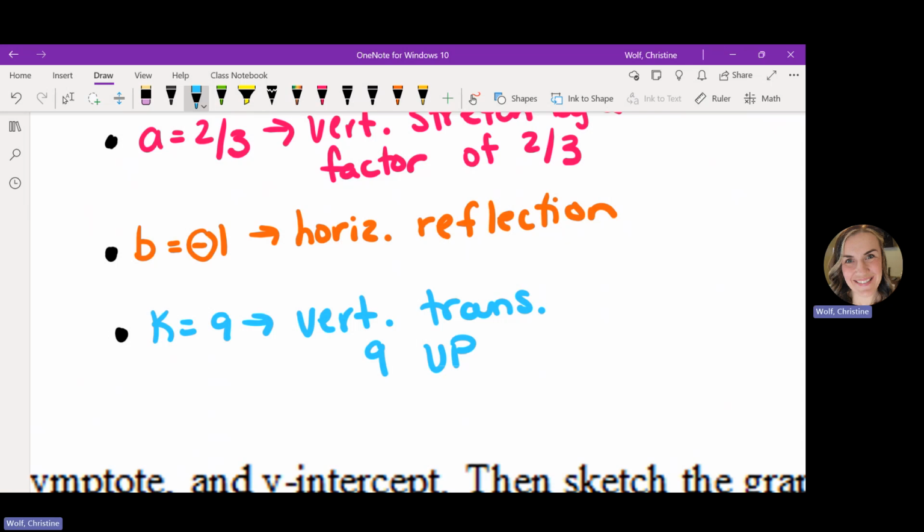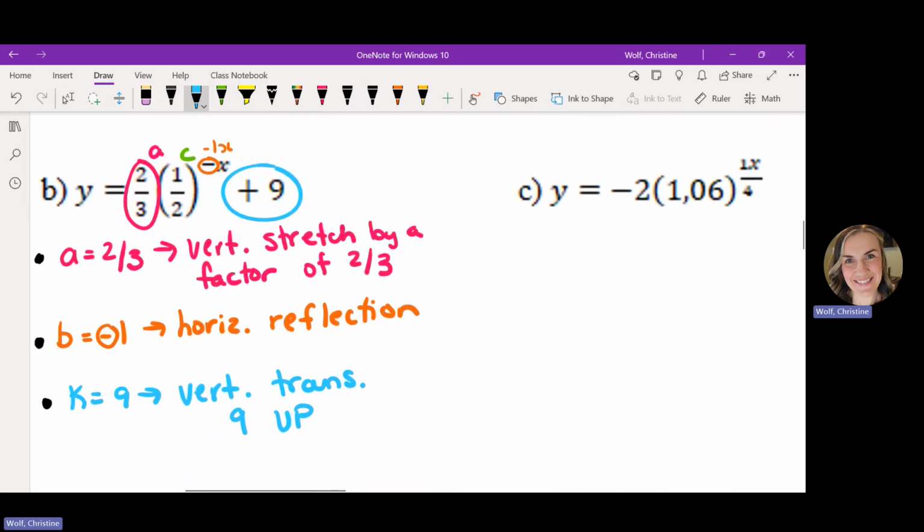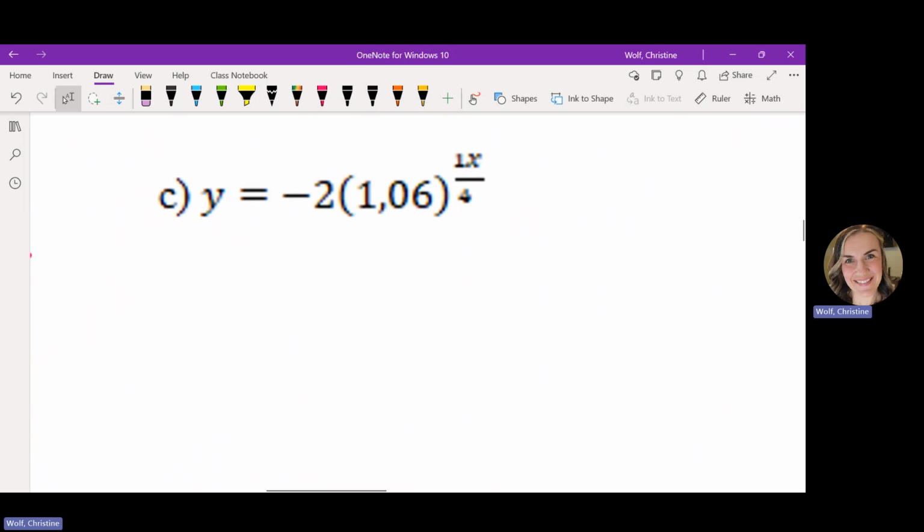Okay, last one. What I wanted to do here was give you a negative again, but also give you a fraction in your exponent. So that's why this one's a little bit different. First things first, the first thing I see is -2. That is my A value. So I've got a couple things going on for A. A equaling -2 means two things.